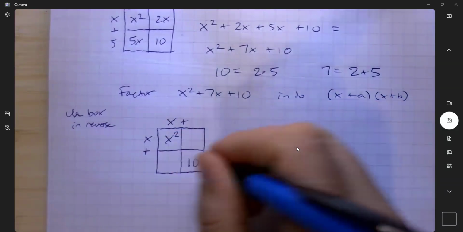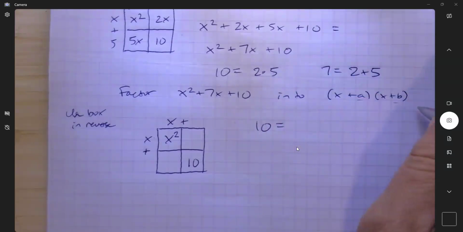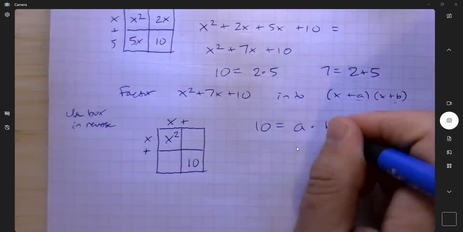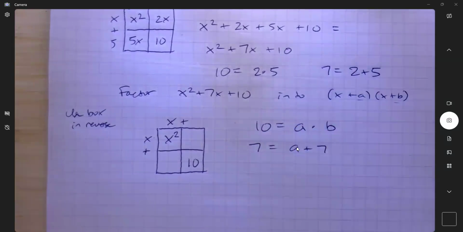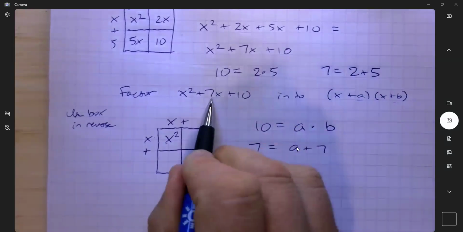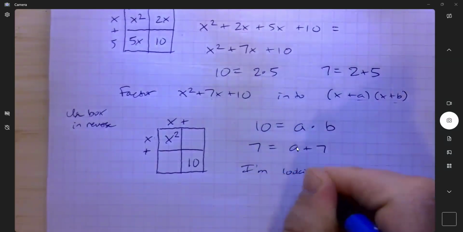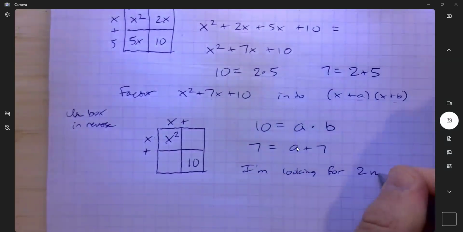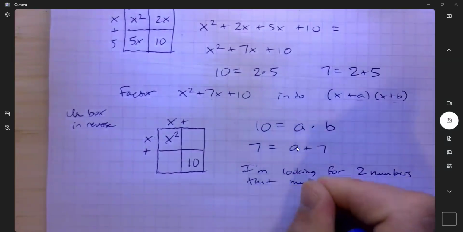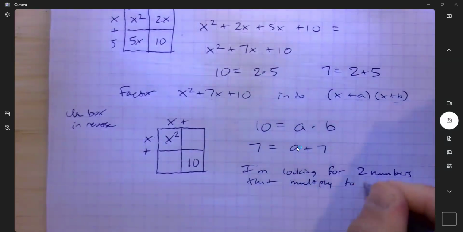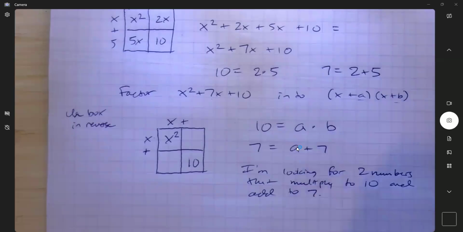So 10 has to be the a times the b, but 7 has to equal the a plus the b. So I'm looking for two numbers that multiply to 10 and add to 7.